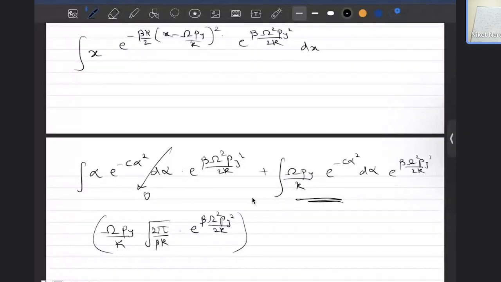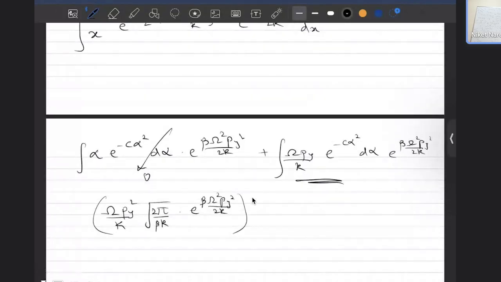So now when I multiply with the py term, which sits outside, this becomes py square. And I also have some e raised to power minus beta py square by 2m to dpy. So yeah, this does end up giving me some contribution.